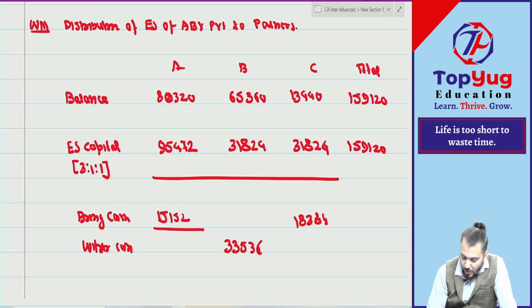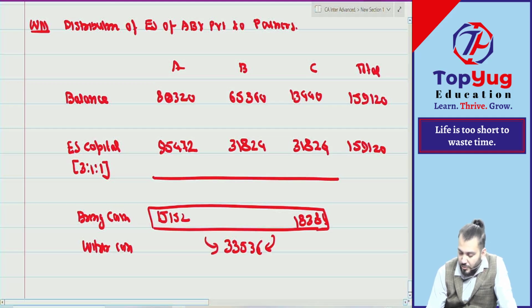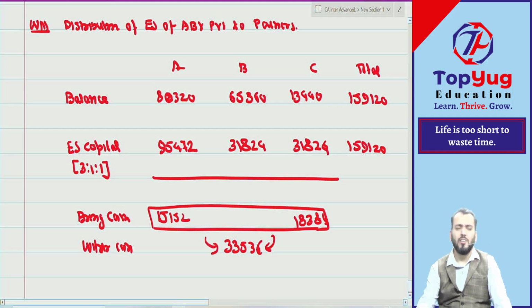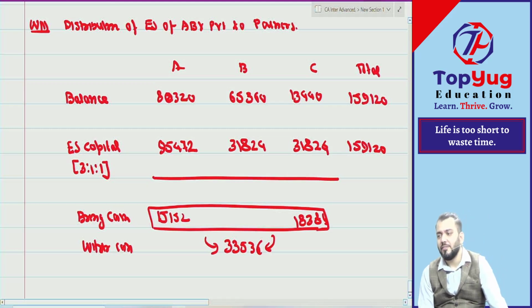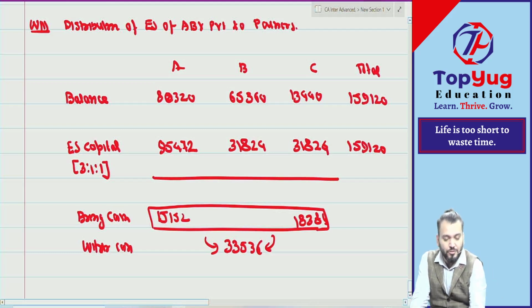You can see the total of these two will be equal to this. Understood? So even though this working note, you are not preparing your balance sheet to prepare. Correct now. This also we have understood.